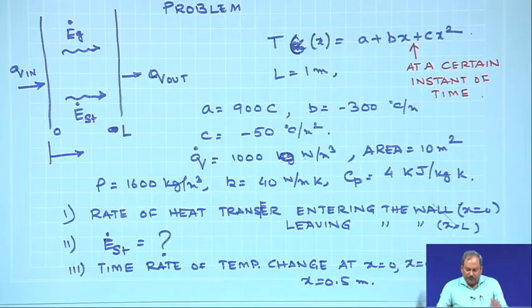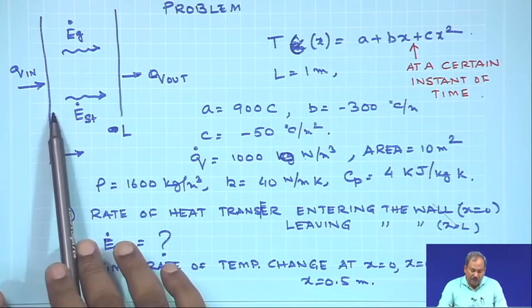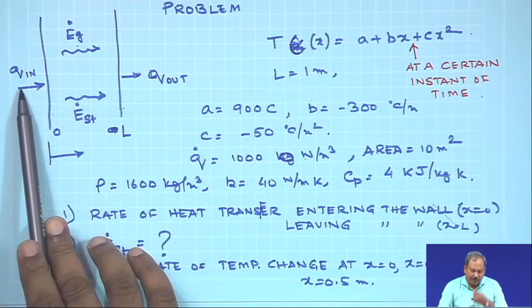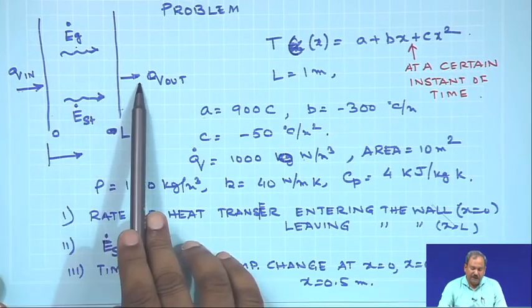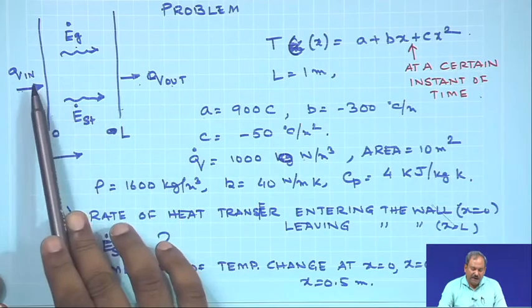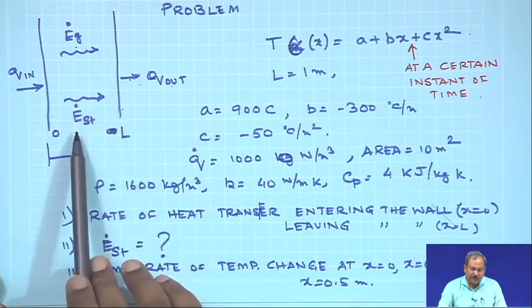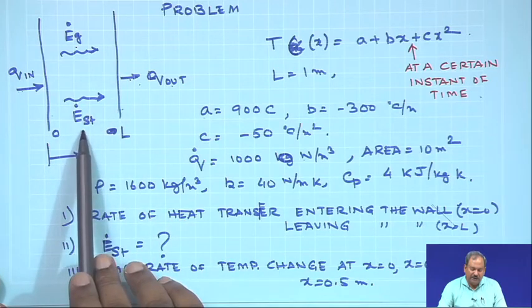So, once again I describe the problem, where we have a wall in which some amount of heat is generated, some amount of heat comes into the system and it leaves out of the system, and as a result of imbalance of these three quantities, the energy stored in the wall will also change.